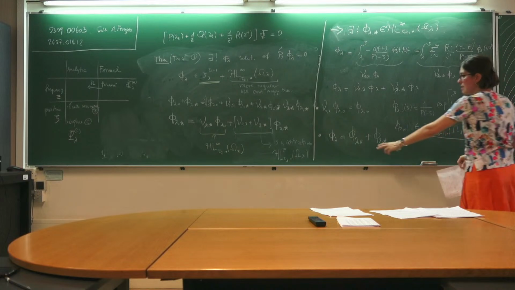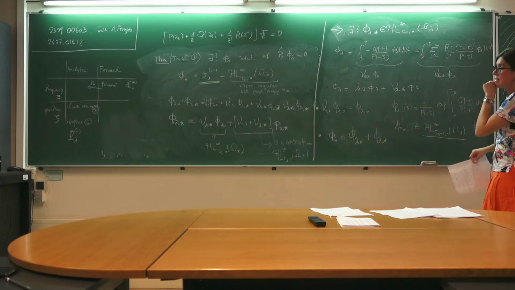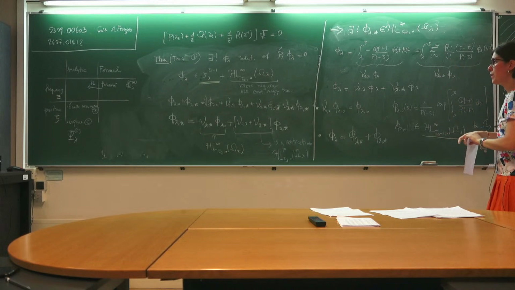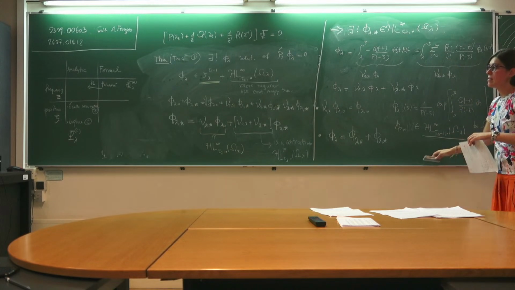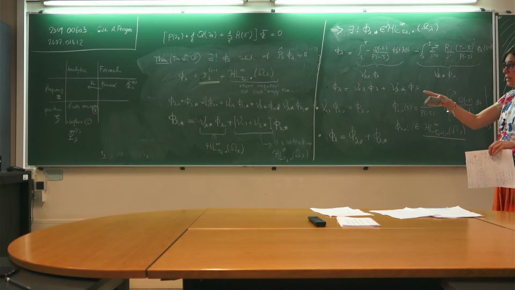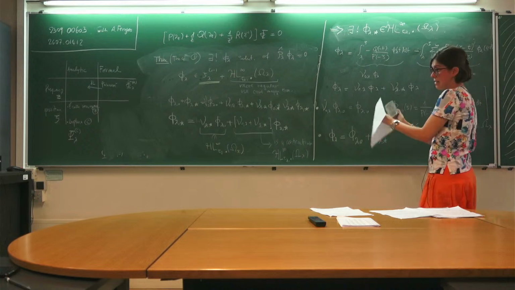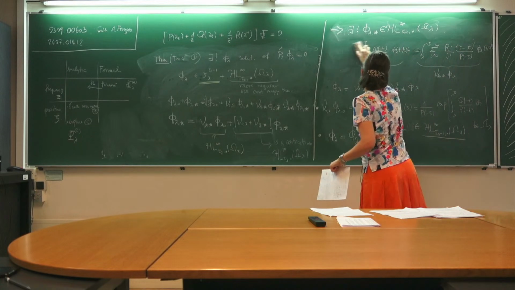And in particular, the sum of the two is the solution we were looking for. It is in the domain of the Laplace transform, and so our phi lambda is well defined in a certain sector, of course.